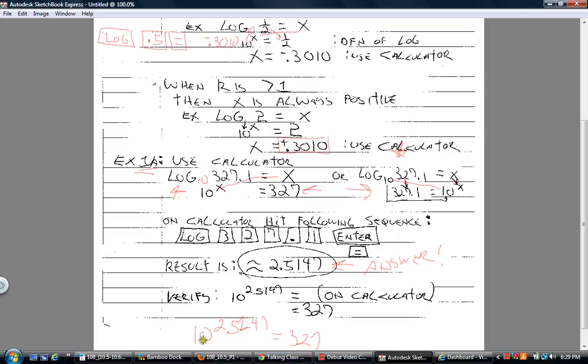Can you prove that on your calculator? Yes, here's how you do it real fast. Hit the 10 to the x button, then put 2.5147 in, hit your equal or enter button, and you will see the answer 327 pop up.